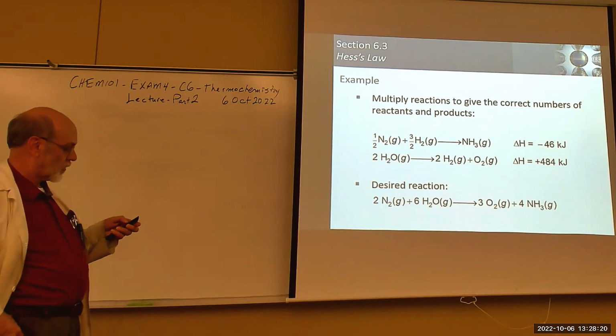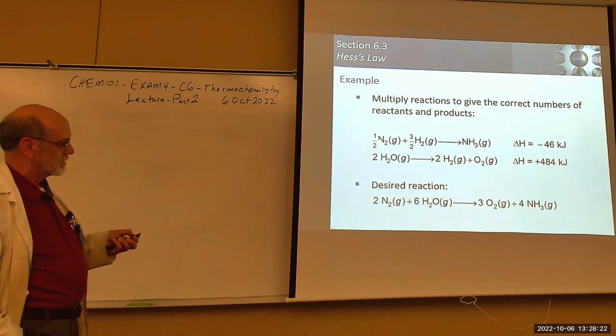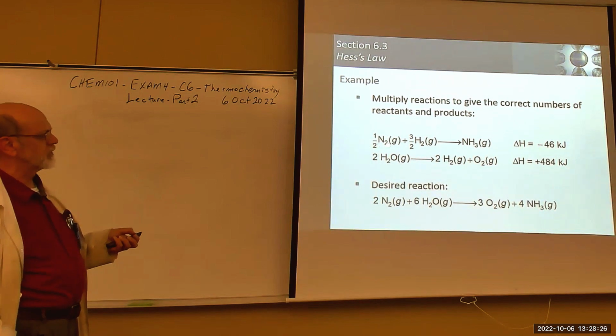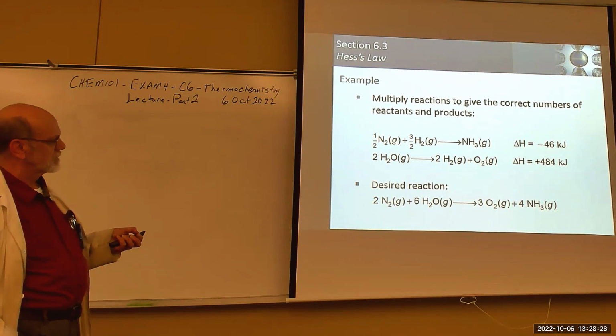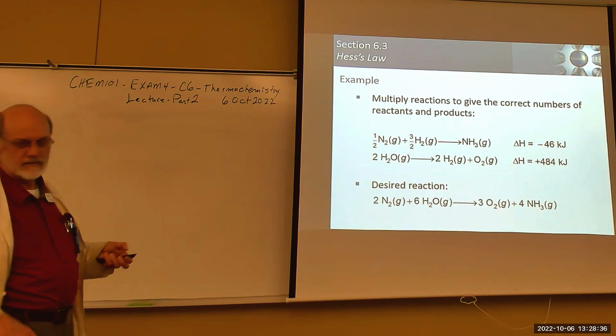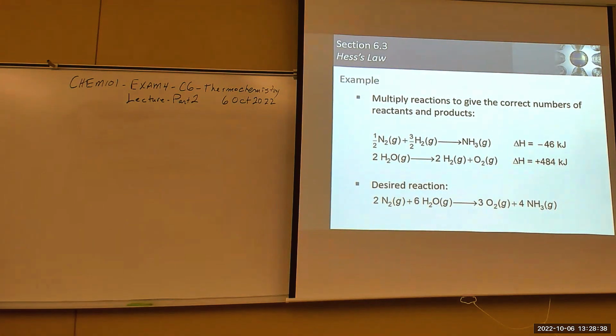Okay, so we had to multiply to give us the correct number of, well, we had to reverse the reactions. So that's not correct. We reversed it first. We make a note of that.